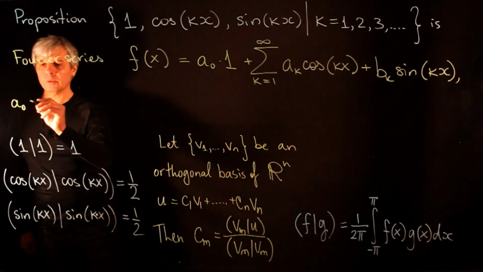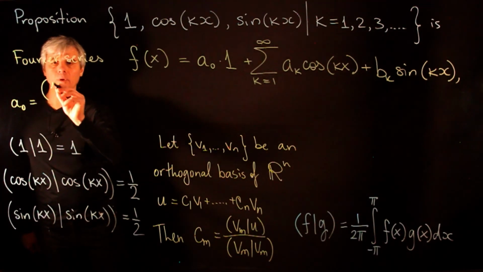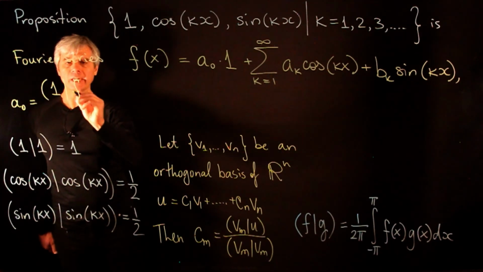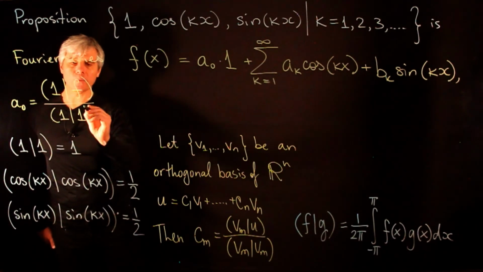So a0 is going to be, we take the bilinear form of the basis function 1 with the function f, and we divide it by the bilinear form of 1 with 1.